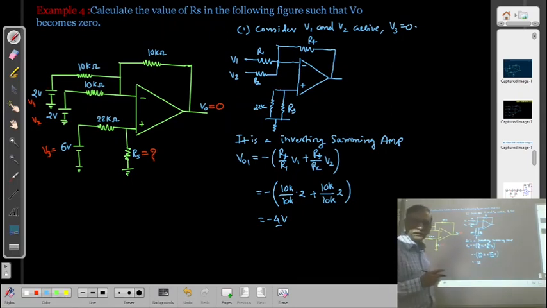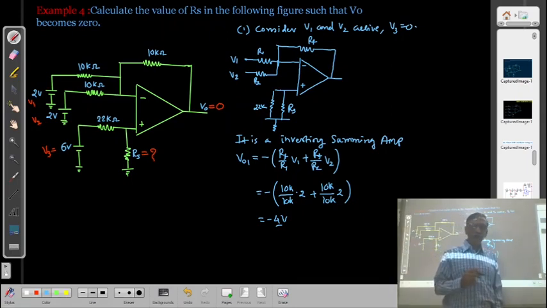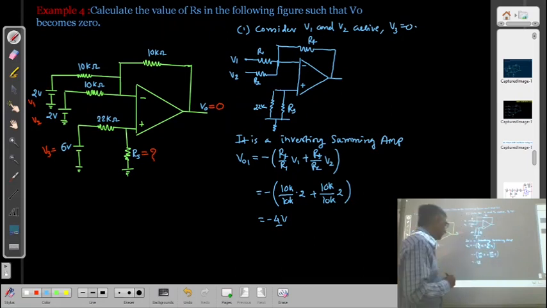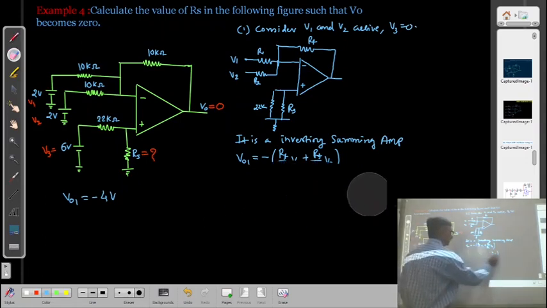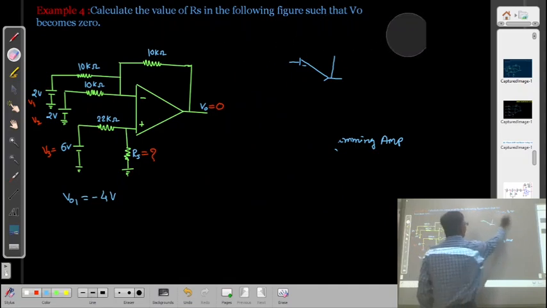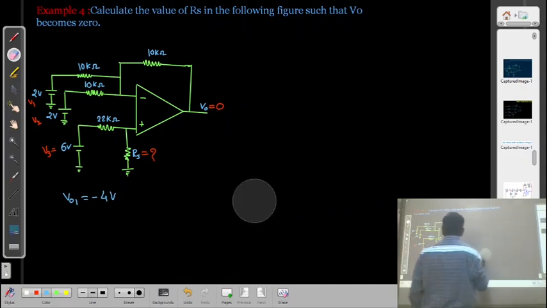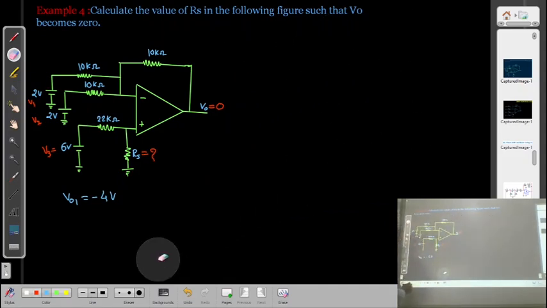Now we have to calculate what is the voltage due to V3, that is the 6 volt. Correct? So here I am writing that the VO1 is equal to minus 4 volt. Okay?